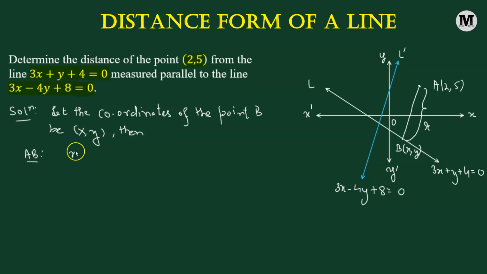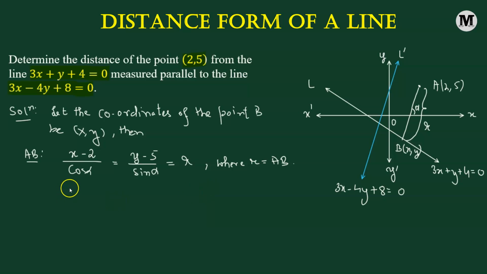That is given by (x - 2)/cos α = (y - 5)/sin α = R, where α is the angle that the line makes with the positive direction of the x-axis, and R is the distance between the two points, the length of the line segment AB.